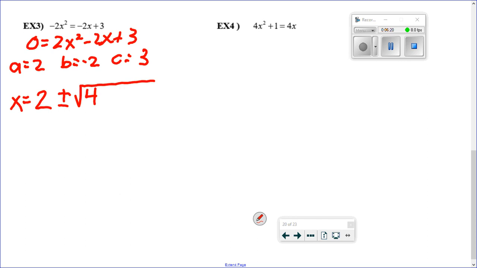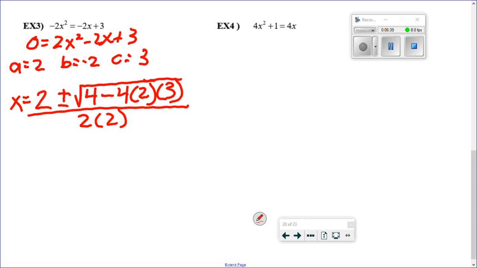Always note, anytime you're squaring a value, it should be positive. Minus 4 times A, which is 2, times C, which is 3, all over 2A, 2 times 2. So let's keep working this out and see what we find.